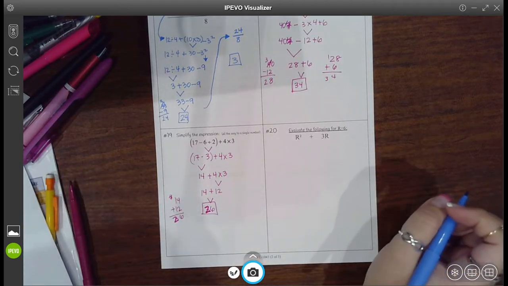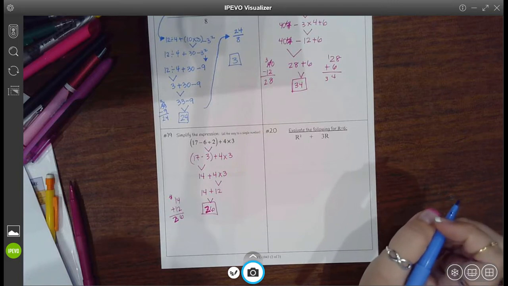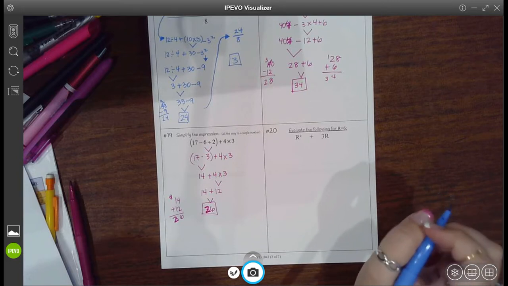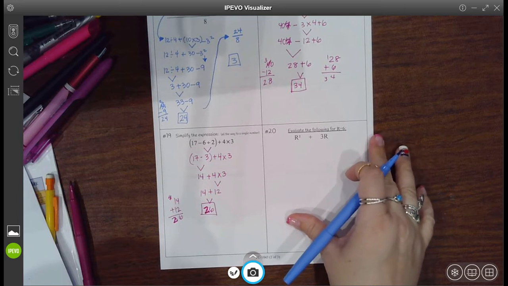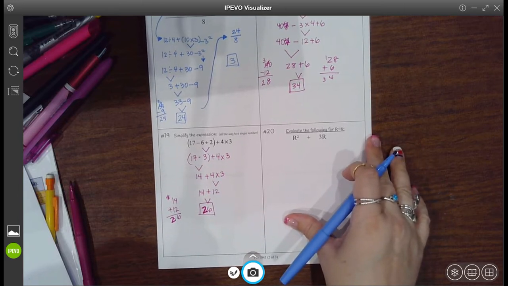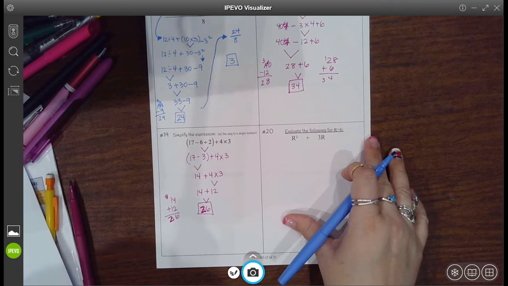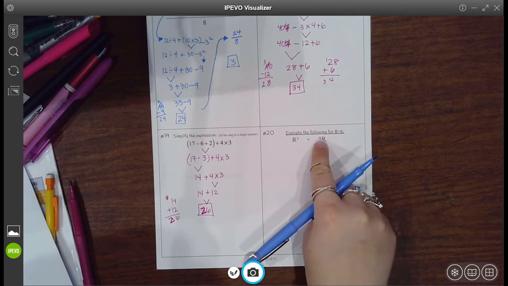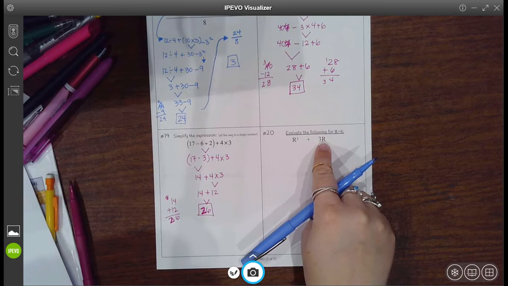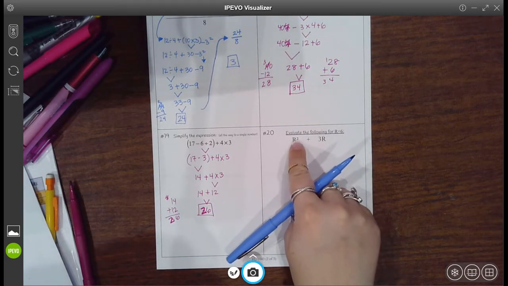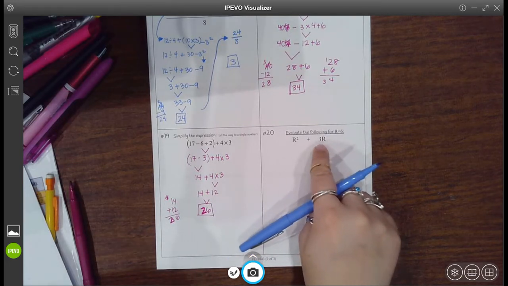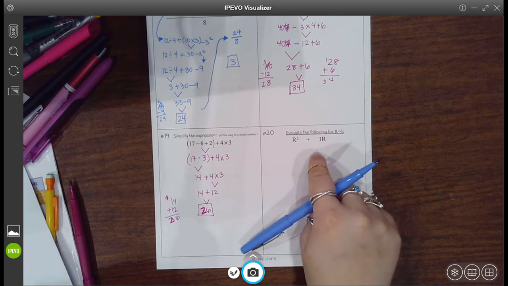All right. Now this one, I promise I'm not going to make a mistake on purpose because it's a little bit tricky. When you're evaluating expressions, yes, PEMDAS still applies, but this one singular term needs to be simplified, and this one singular term needs to be simplified before you do any of the operation signs in between different terms.